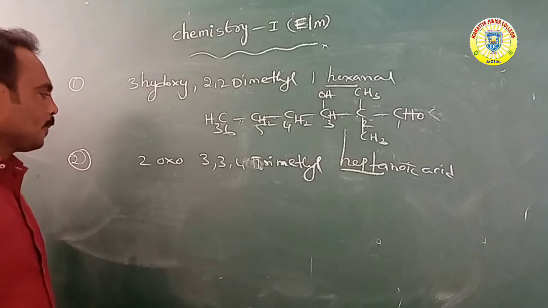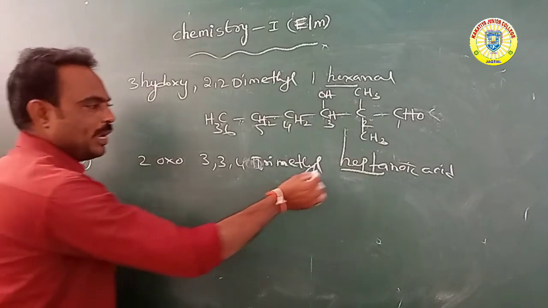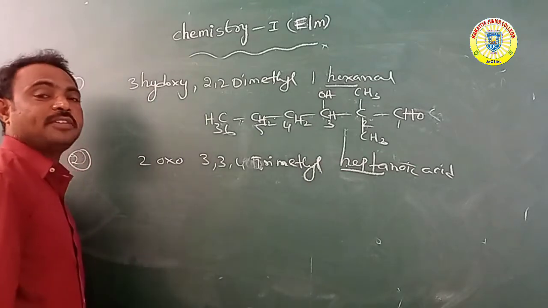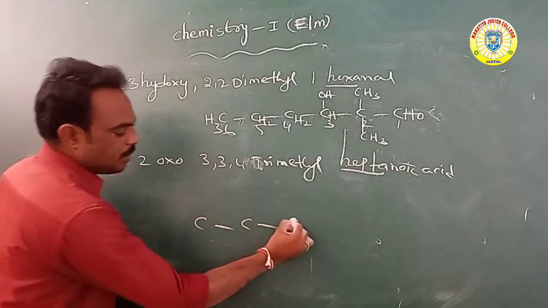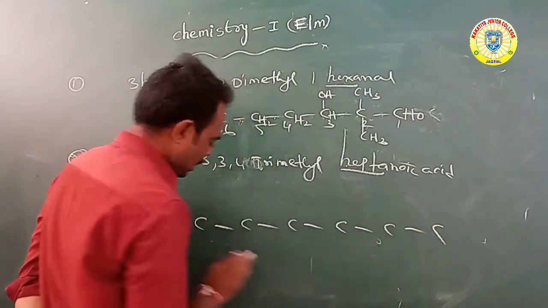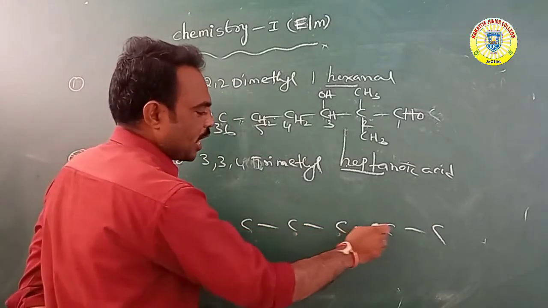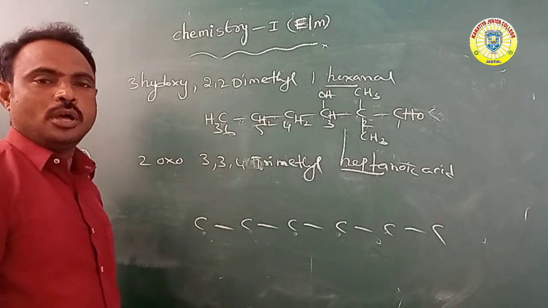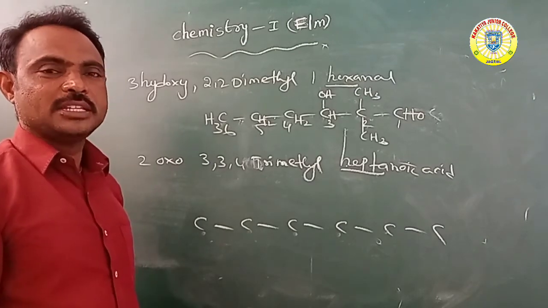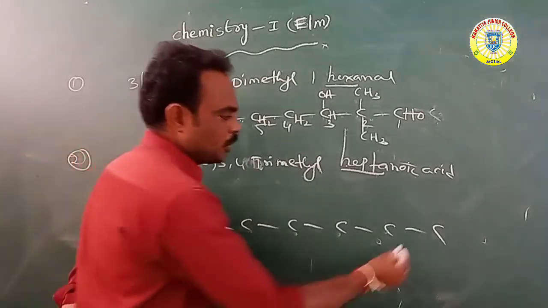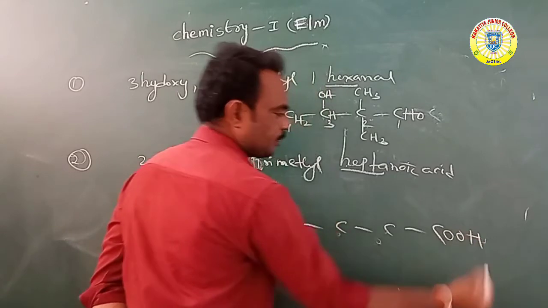Next, how many carbons? 7 carbons, hept means 7 carbons. So carbon bond carbon bond carbon bond carbon bond carbon, 1, 2, 3, 4, 5, 6. Oic acid means carboxylic acid functional group, so COOH.